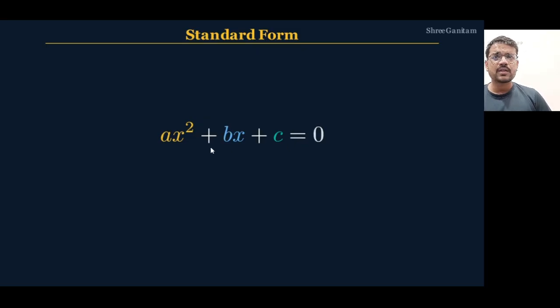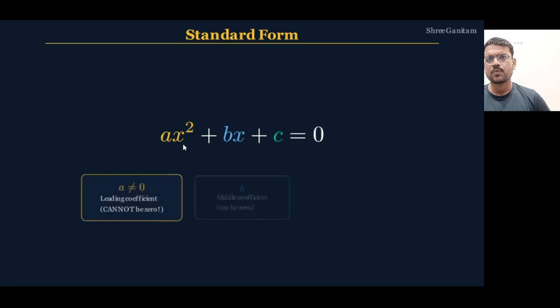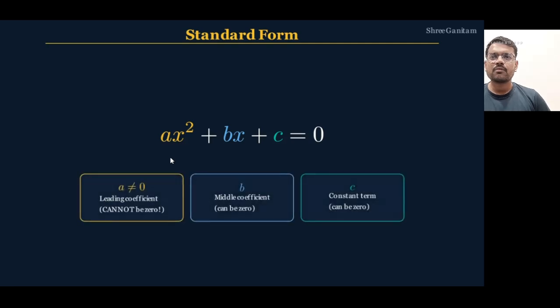Now let us understand this a, b, and c. a is nothing but the coefficient of x squared, and we can call it the leading coefficient. Why leading coefficient? a can't be 0. Why can't it be 0? Suppose a is 0, then the term ax squared becomes 0, which means there is no term with x squared.